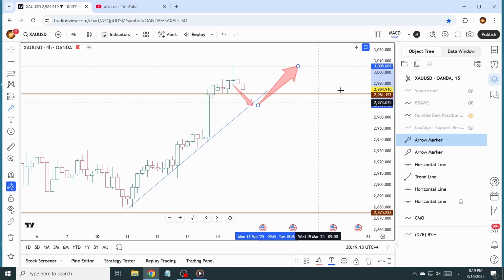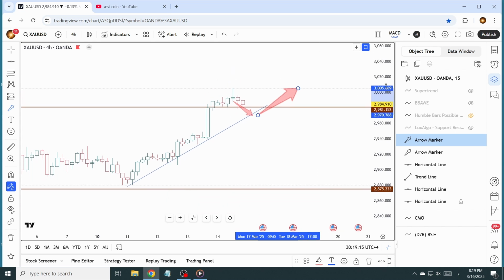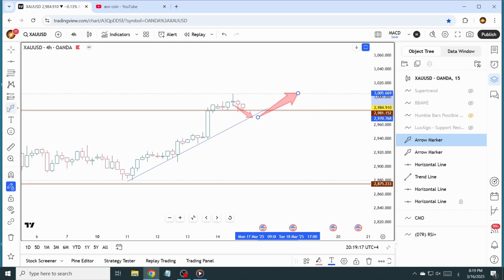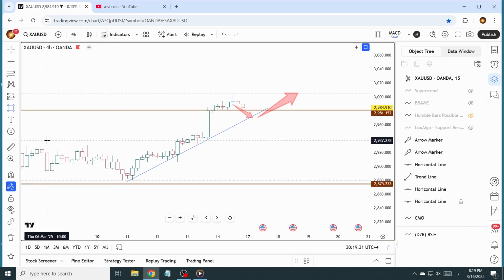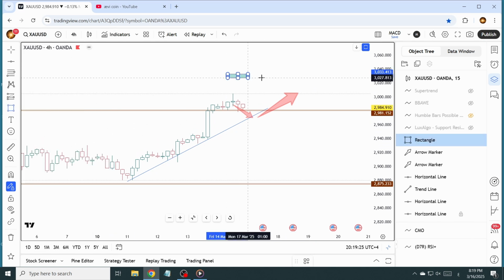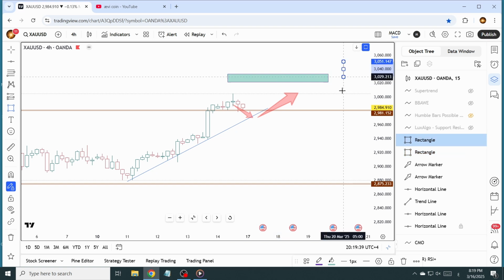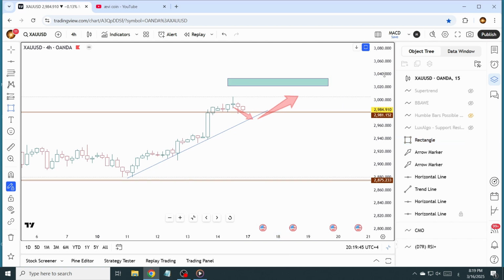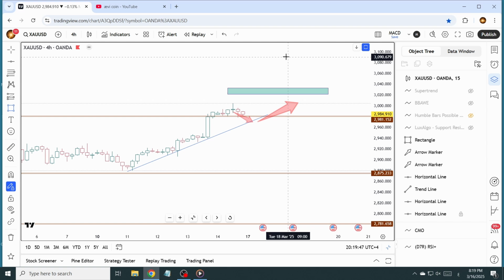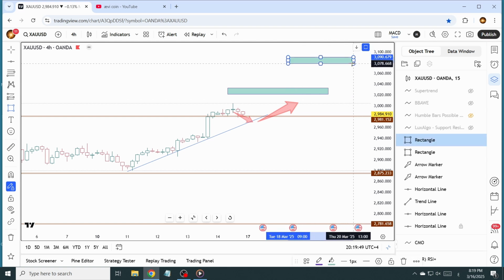an up move toward two areas. The first area which I'm looking for is this area here, 3030 to 3035, and the second area I'm looking for will be at this level between 3080 to 3085.